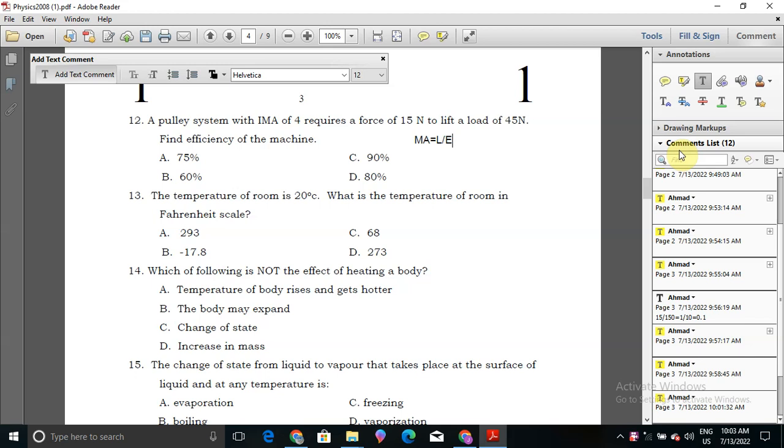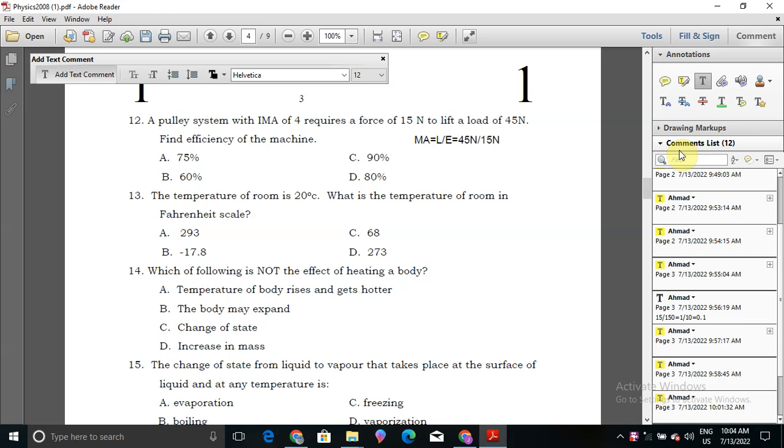Right? So what we have in load is 45 Newton, over what in place of effort? It will be 15 Newton, right?